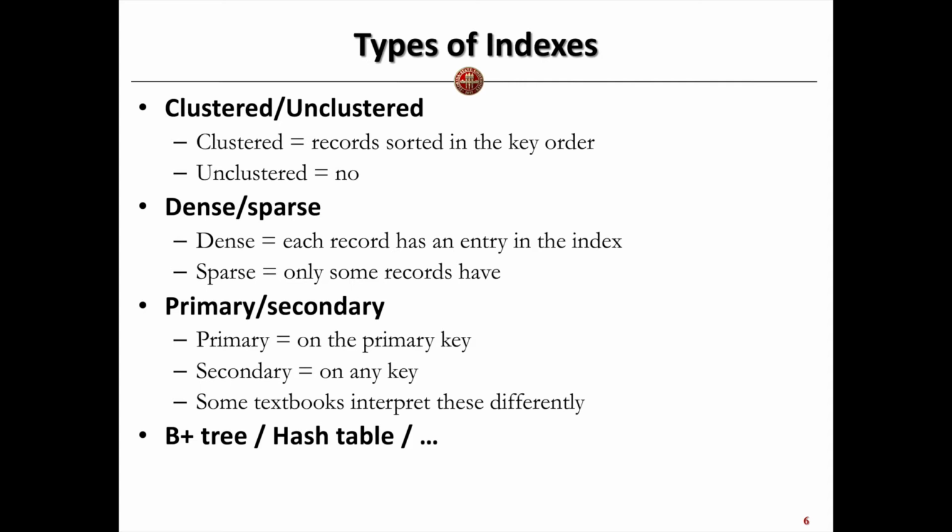And we can also have primary and secondary indexes. Primary is for the primary search key. Secondary is on the secondary search keys. Some textbooks also interpret them differently. Besides these types, we can also have B+ trees and hash tables, which are also different types of indexes we can use in database systems. So this is about the categorization of these indexes.